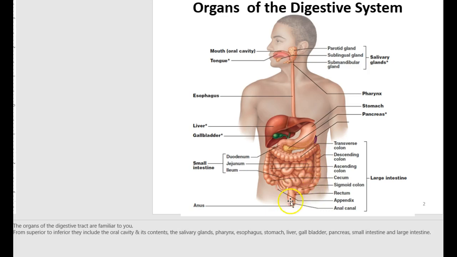In humans, there's an S-shaped sigmoid colon, the rectum, and finally the anus. All of that is part of the large intestine.